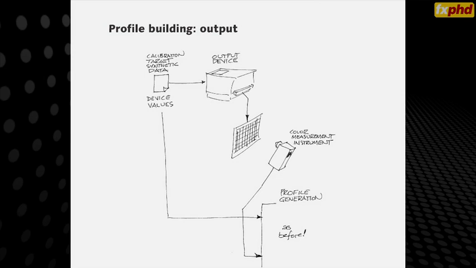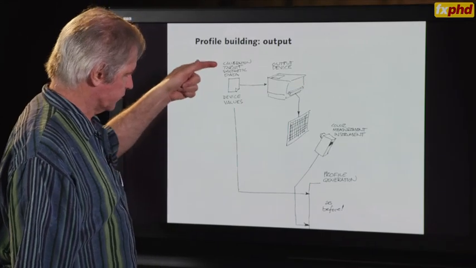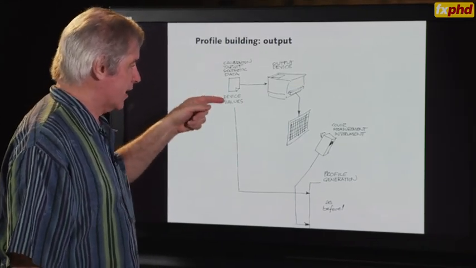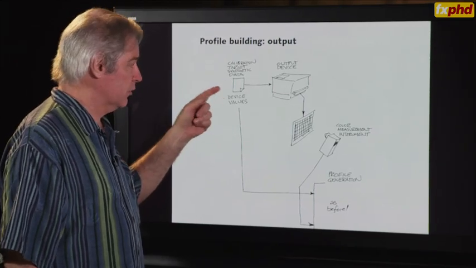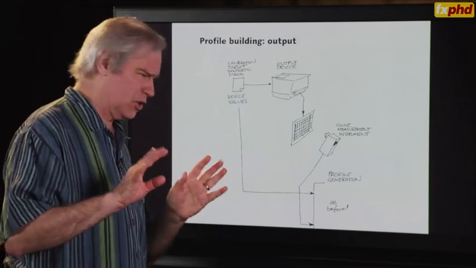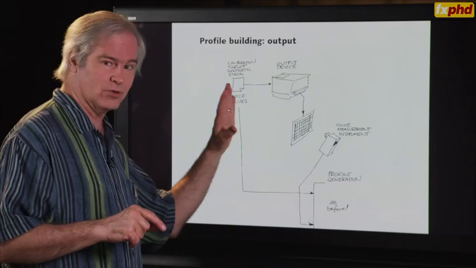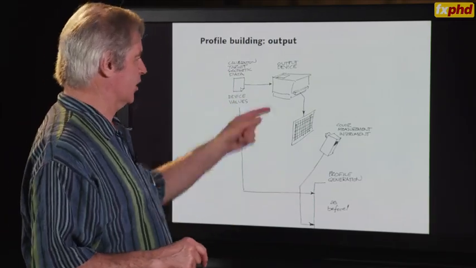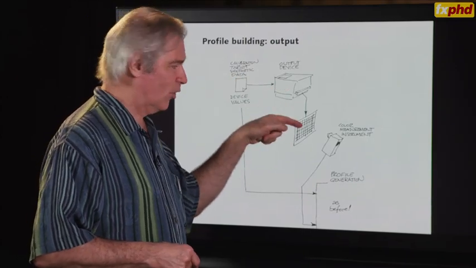Now, on the output side, it turns out to be basically an identical problem computationally, though now we start by having synthetic data, device values that we write out through our output device. And I guess I should apologize here that this is an old slide on the back of a napkin, and I'm showing this like it's a printer onto paper.